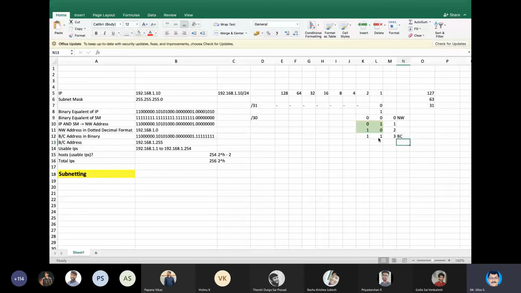Now, if I am giving /30 as the subnet mask, can you tell me what the subnet mask is? If you tell me the last octet, that is good enough.